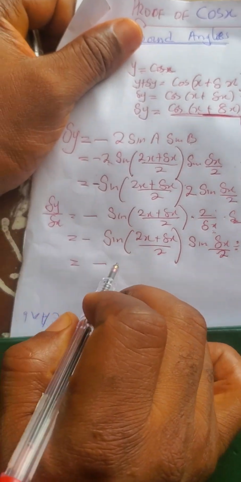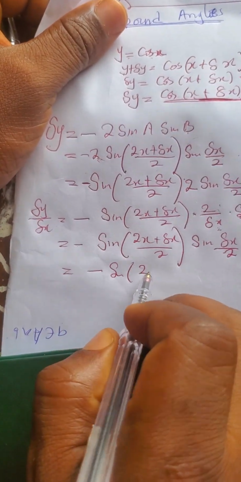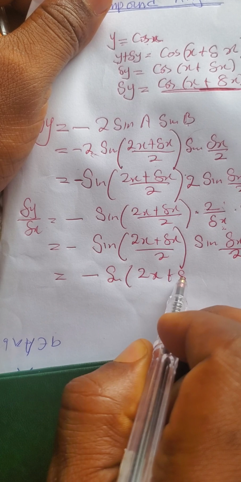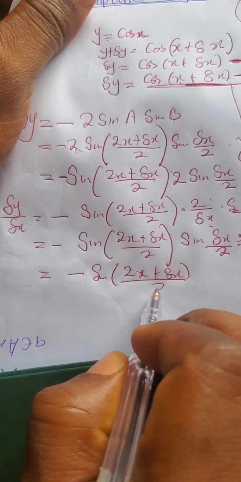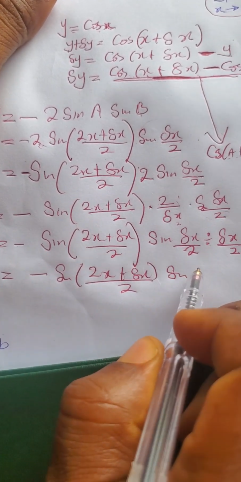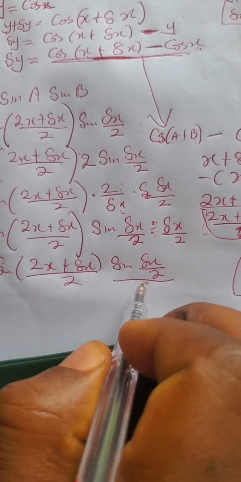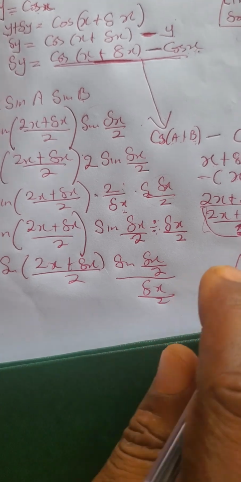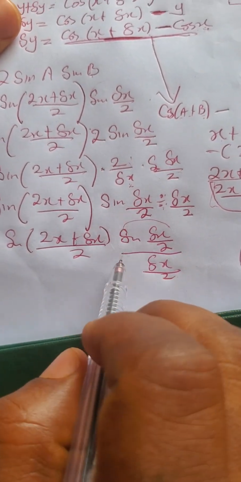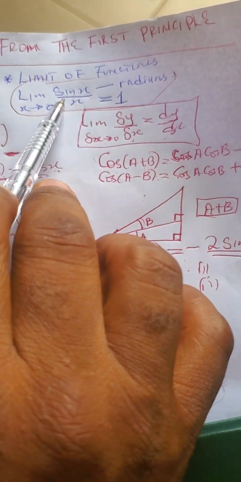Then I can now have minus sine of 2x plus delta x divided by 2, then sine delta x over 2. This division sign can be written like this: delta x divided by 2. So this expression that I have here is similar to this expression that I have here.